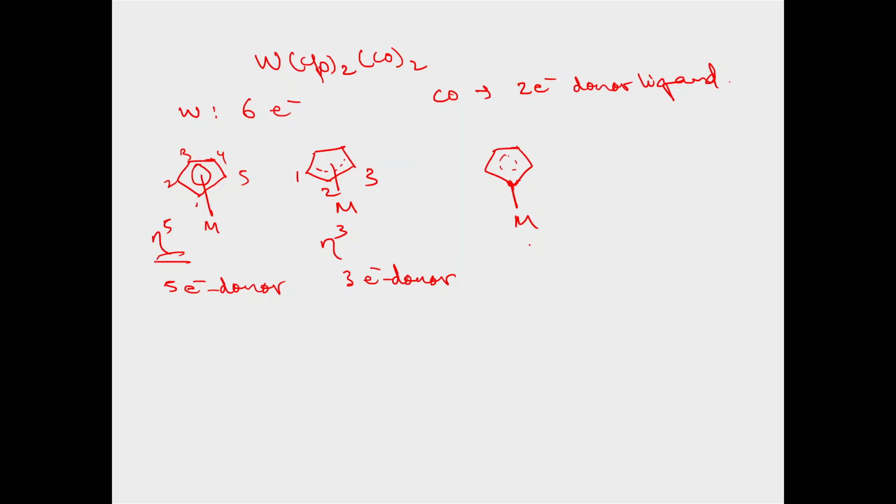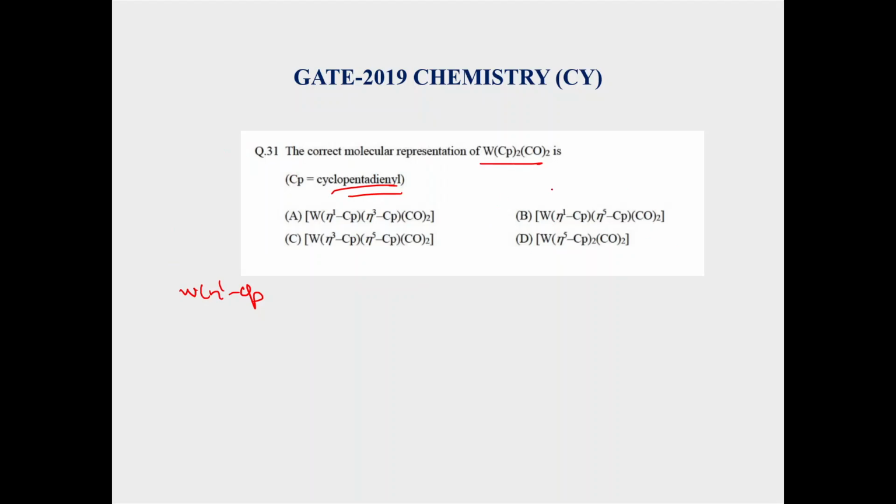Metal can also bind in this fashion. If it is binding in eta 1 fashion, then it is a 1 electron donor. So here they have given this complex with eta 1 Cp, then eta 3 Cp, and CO2. This is the first complex given.